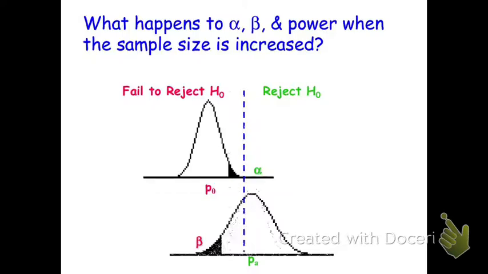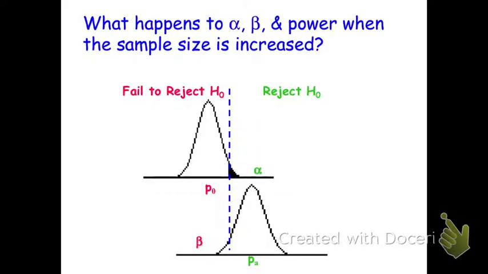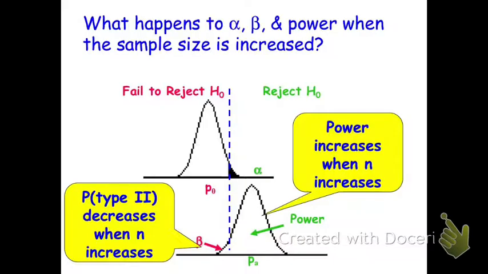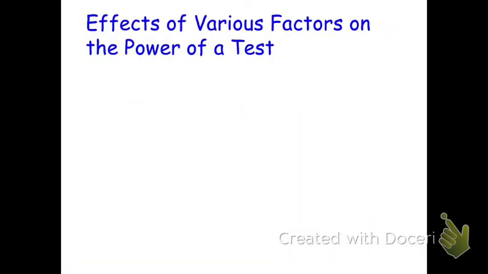This is a large sample size. What happened to my power and my beta? Power got greater, beta got smaller. So type 2 decreases when sample size increases. Power increases when n increases.